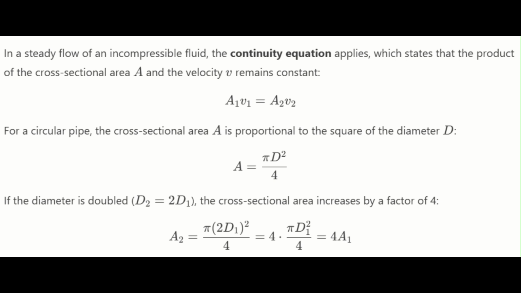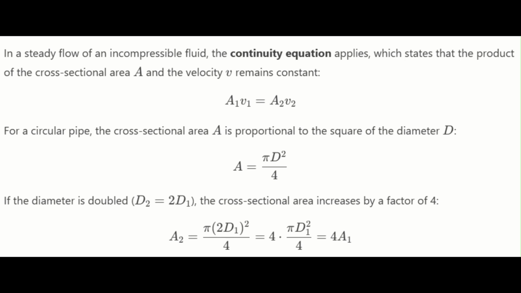A1 and V1 are the corresponding area and velocity at one inlet, and A2 and V2 are for the other condition. In the same way we can solve this problem. The first condition is a normal one, but for the second they have mentioned the diameter is doubled.